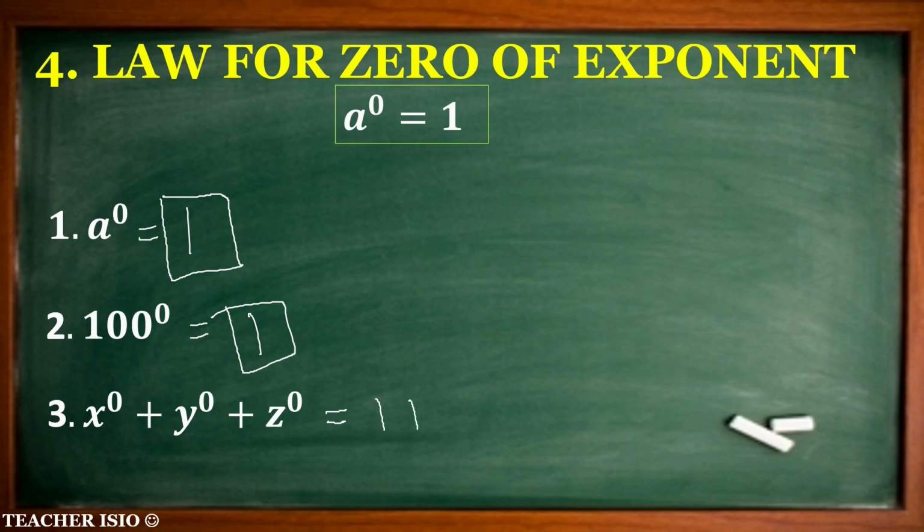So 1 plus y raised to 0, again, 1. Next, c raised to 0, the answer is 1. So we have 1 plus 1 plus 1. So the answer in number 3 is 3.